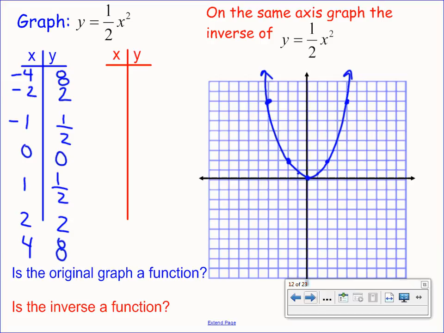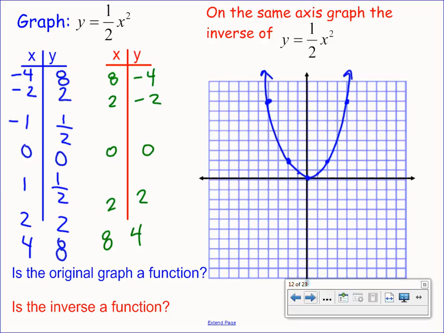On the same axis now, we're going to go ahead and graph the inverse relation. So how do I get an inverse? Well, if I'm given a list of values of ordered pairs, I can simply invert the coordinates. And so I'm going to plot 8, comma, -4, 2, comma, -2, 0, comma, 0, 2, comma, 2, and 8, comma, 4.